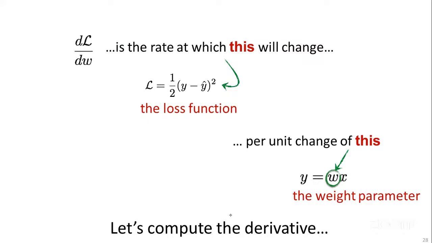Now you know what this partial derivative is giving me. This is the partial derivative of the loss function with respect to W, right? That is the rate with which the loss will change per unit change of this weight.